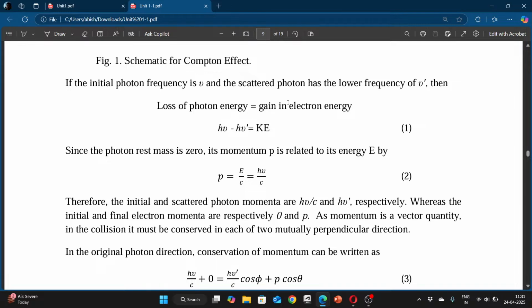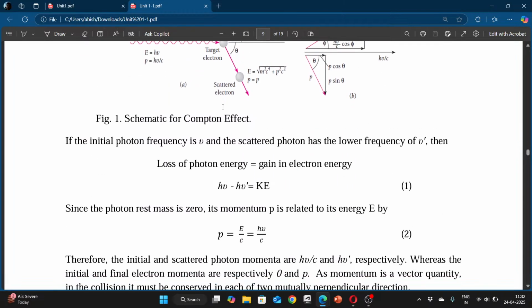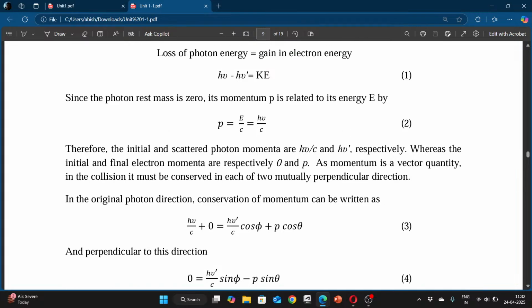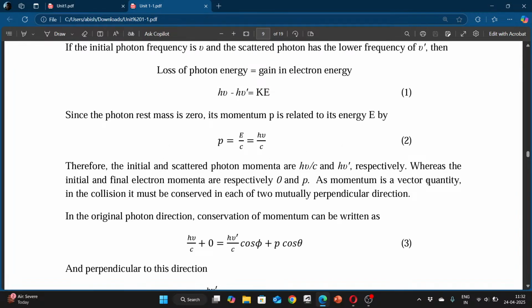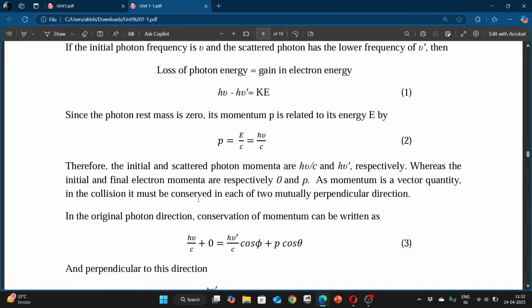Whereas the initial and final electron momenta are 0 and p. As momentum is a vector quantity in the collision, it must be conserved in each of the two mutually perpendicular directions.